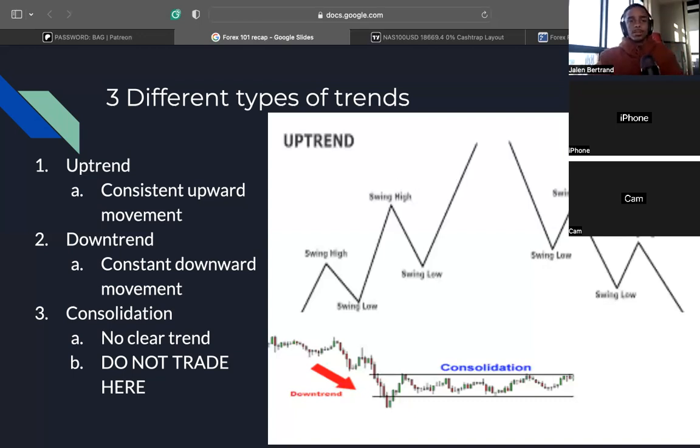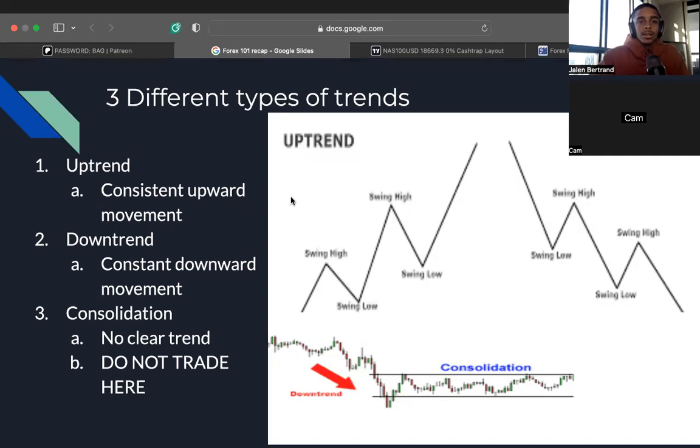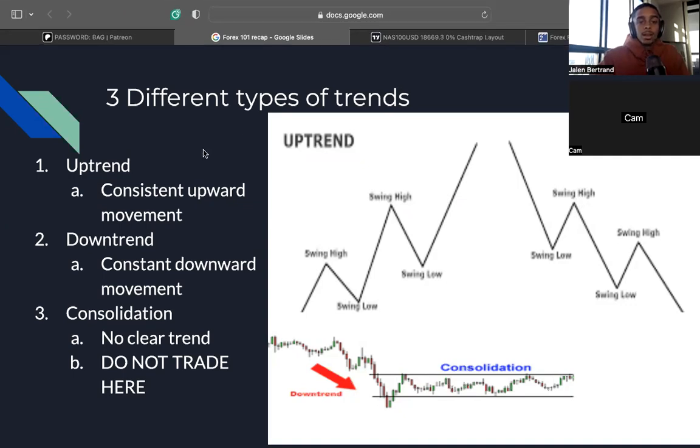Cam, what's your take on it? And please don't overthink it. I'd rather you give an answer and be wrong than give nothing. Okay, so we got a high. All right. So we have a swing high. Cam, what do you think? All right. Well, he'll put his. So we got the high.